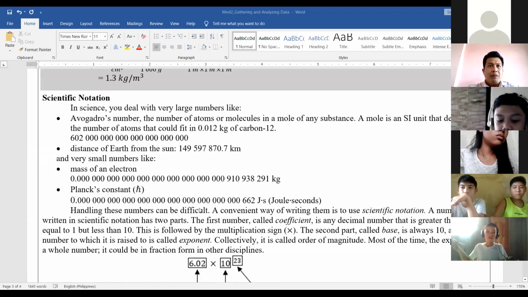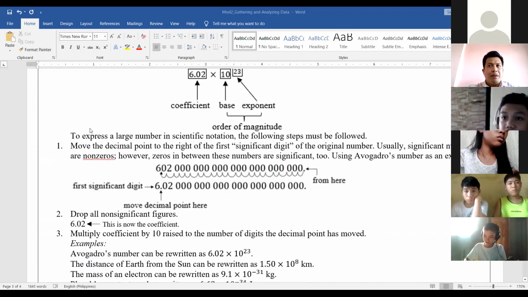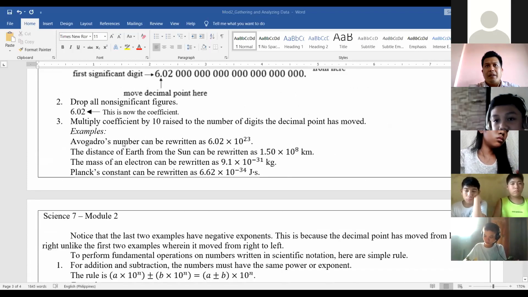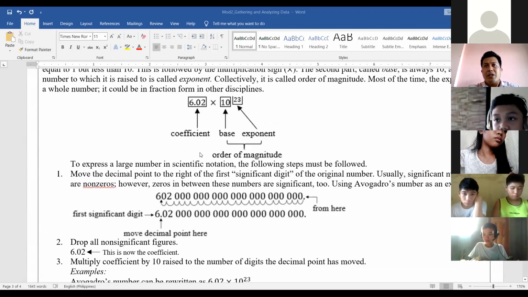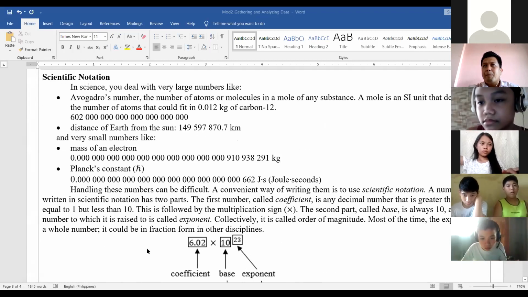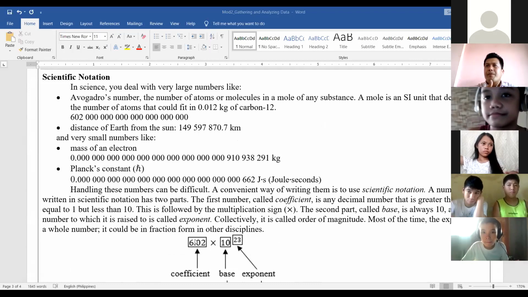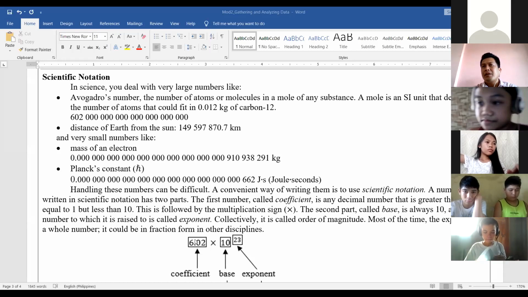Probably, class, we will have the scientific notation as our module 3. I think it's heavy enough for us to discuss the scientific notation as of the moment. So if it's okay with everyone, we'll have a separate discussion on scientific notation in the third module. Is it fine with everyone? Okay, so our focus in module 2 is pure conversion.